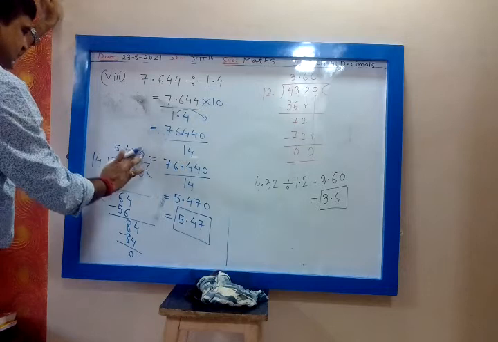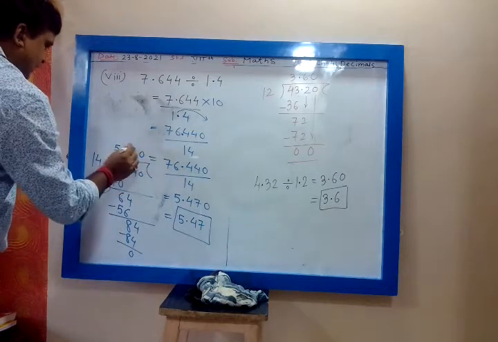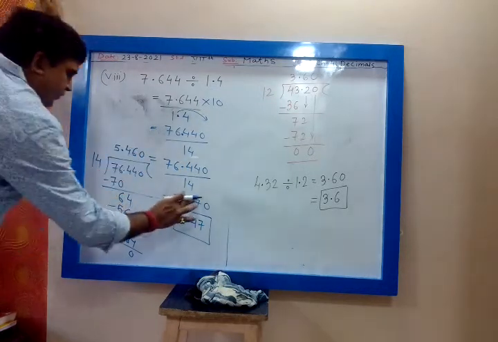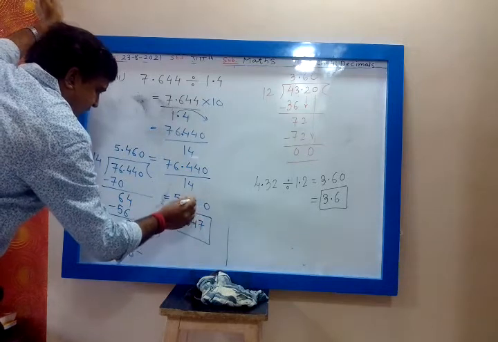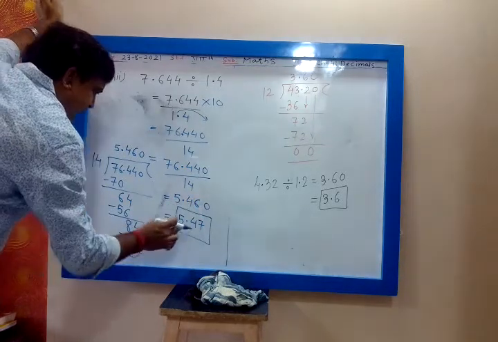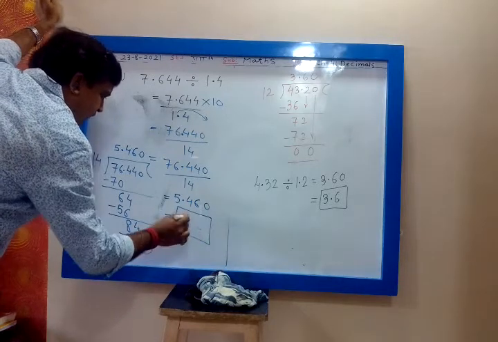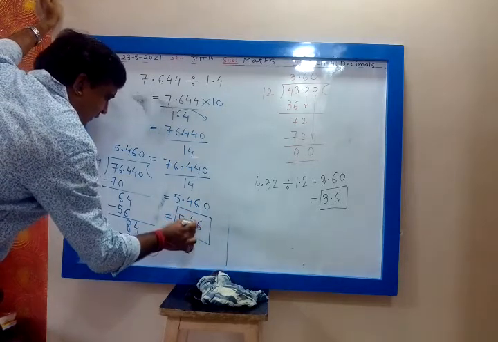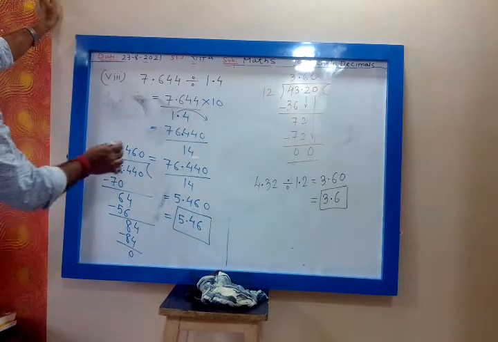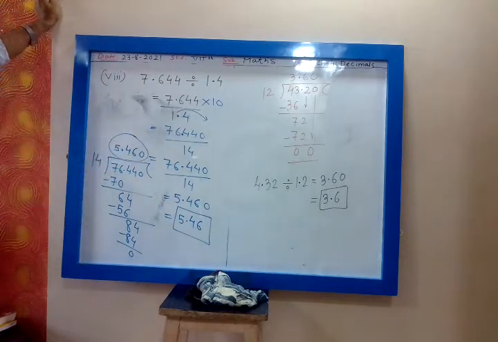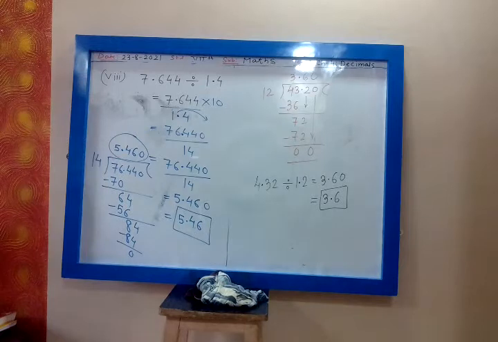14 6s are 84, yes. 5.460, yes. 14 7s are 98, yes. The answer is 5.46, okay. The answer is 5.46.